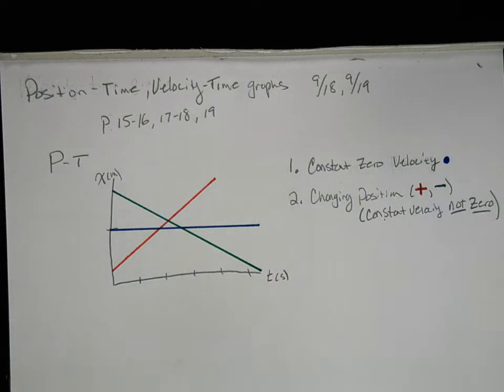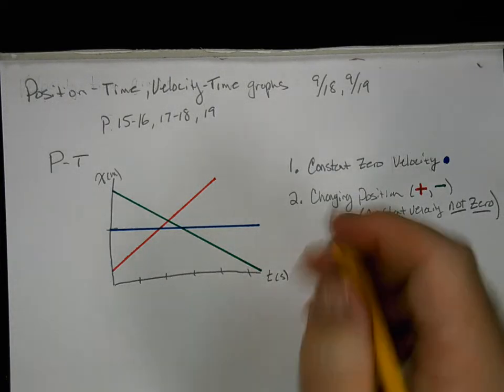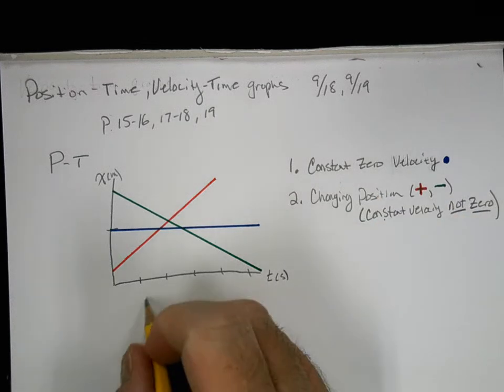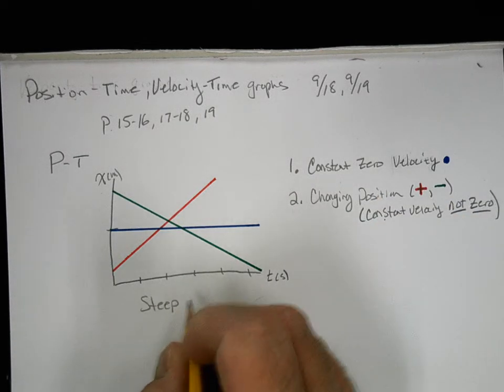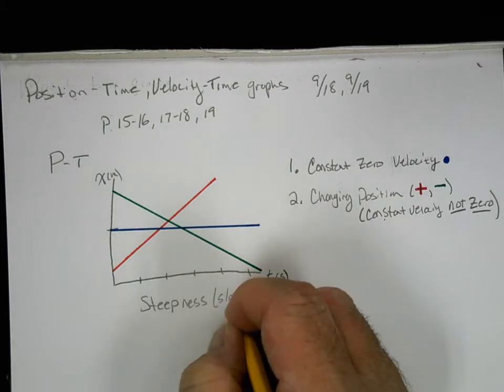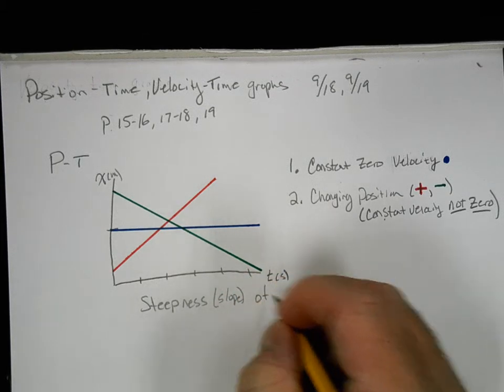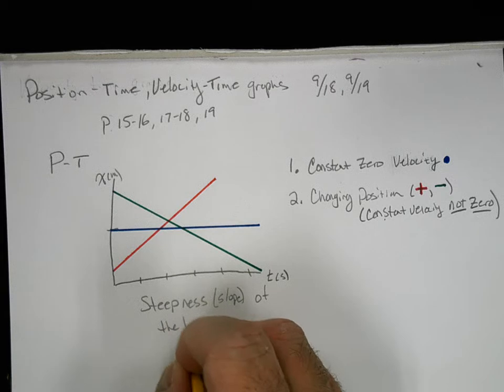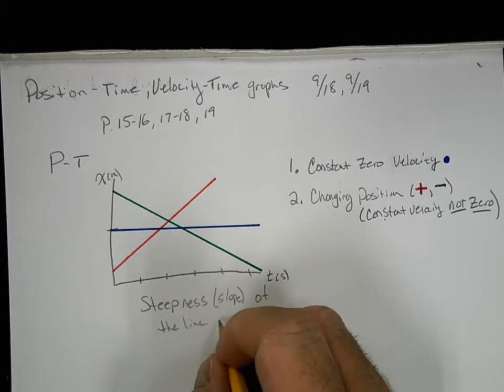Then we remember that the steepness, also known as slope, of the line means speed.